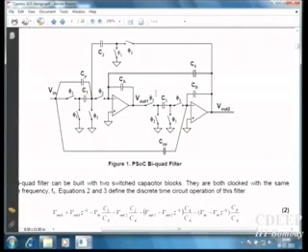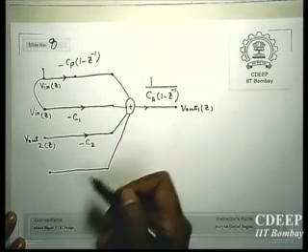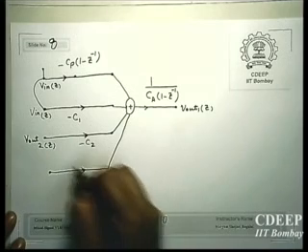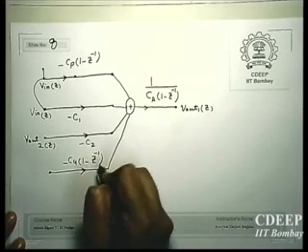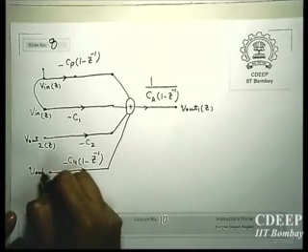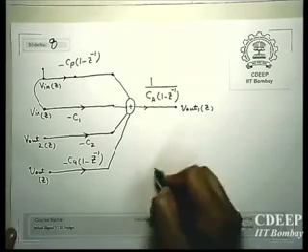So finally, C4, where is C4? Oh yes, correct, sorry. So we have one more. C4 again is a direct connection. So it will be minus C4 into 1 minus Z inverse, and this is V out Z. And you draw one more signal flow graph. You continue it, you draw another one.